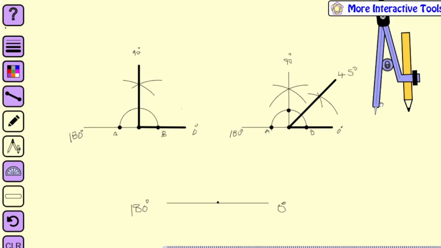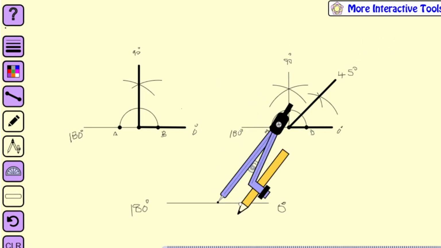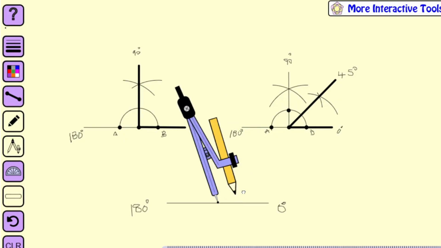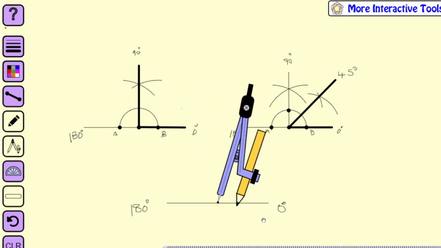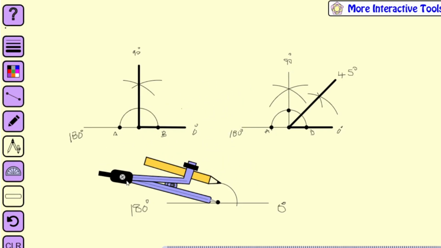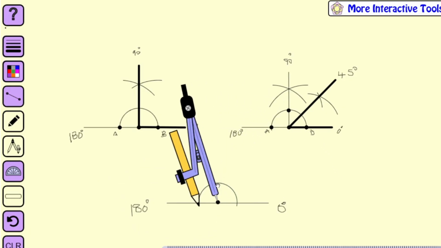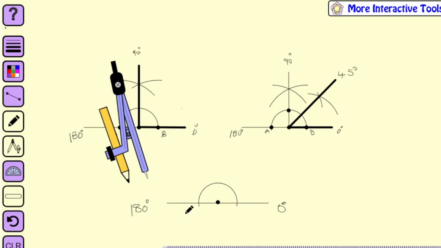All right, take your compass, open to a convenient radius, not too small, not too wide. Then you're going to take your time and draw your semicircle. Remember, slow and steady wins the race. Label point A and point B.